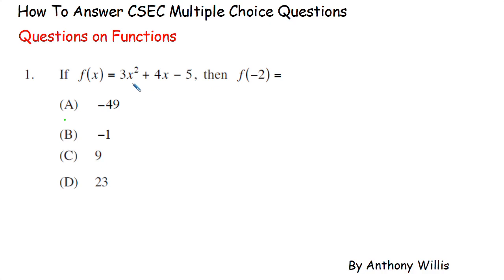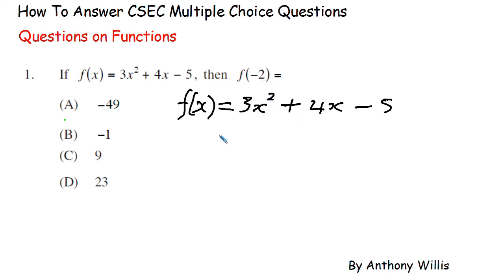So we write down the equation and we plug in the value of minus 2. So we have f of x is equal to 3x squared plus 4x minus 5. So wherever we see x, we plug in minus 2.